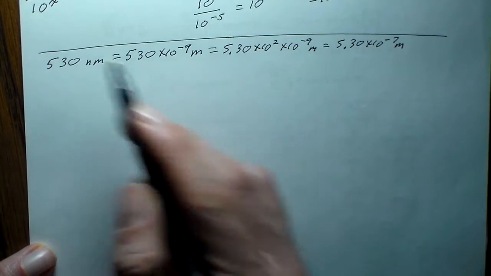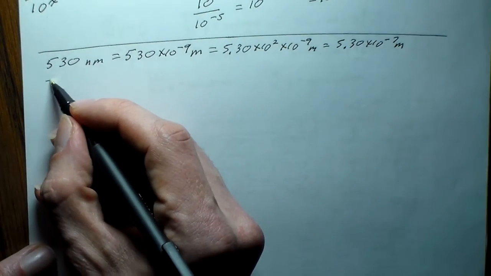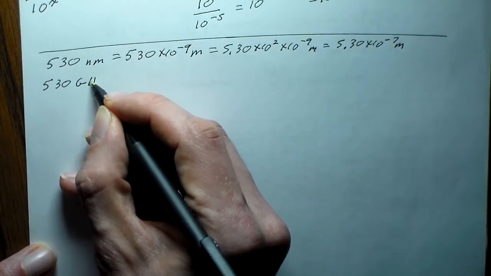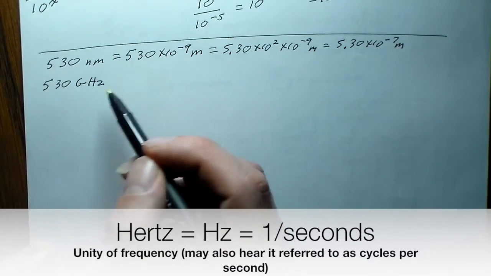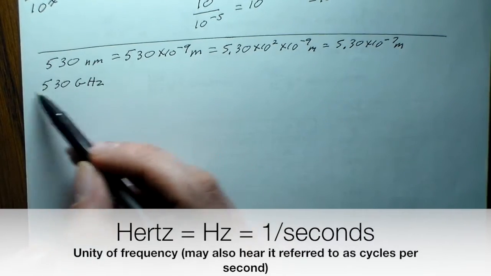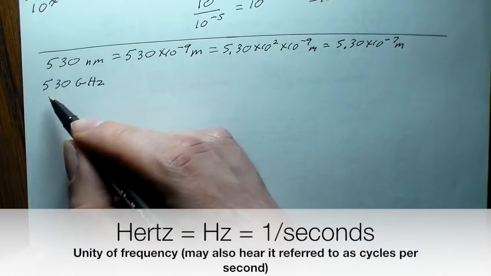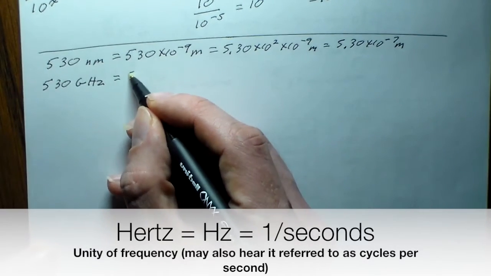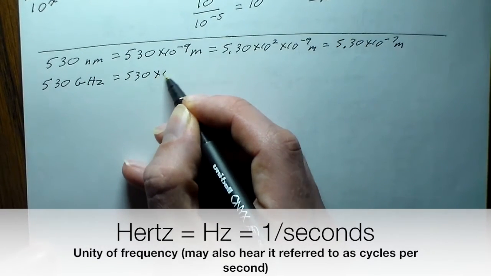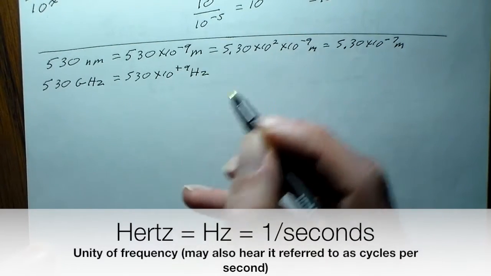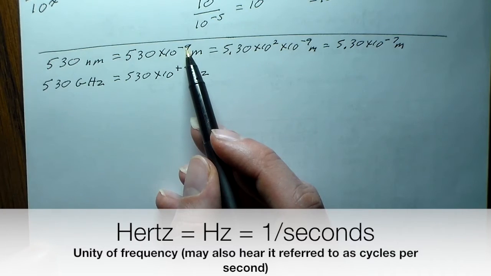And this is why. Let's take, on the other hand, if I'm dealing with 530 gigahertz. Okay, so that's going to be another high frequency radiation, probably in the infrared region. And if we're doing 530 gigahertz, well, this is 530 times 10 to the plus 9 hertz. Okay, so notice the very similarity here.